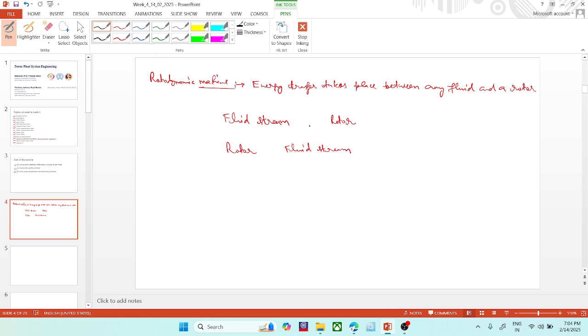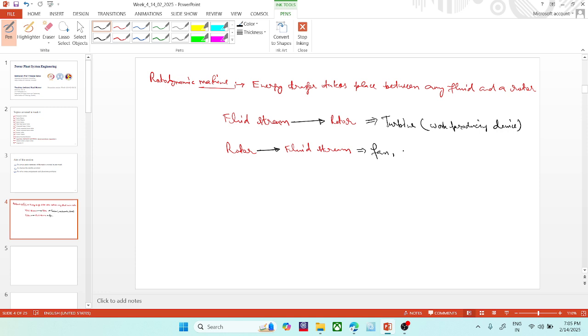So, if the energy transfer takes place from fluid stream to rotor, then it is called the turbine, and these are the work producing devices.